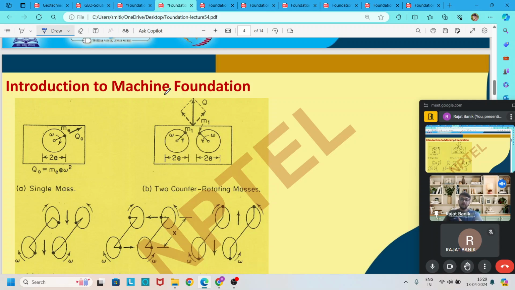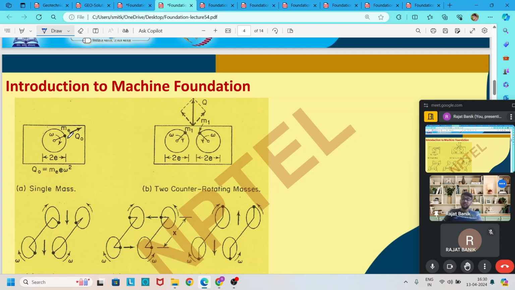Due to this rotating mass, there is an occurrence of vibration, and we see that if a mass rotates in a machine, it produces a force equal to m e omega square, where m is the rotating mass, e is the radius at which it rotates, and omega is the generated frequency or angular frequency due to the rotation.